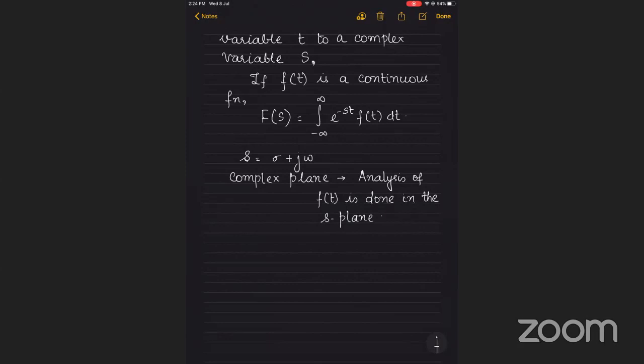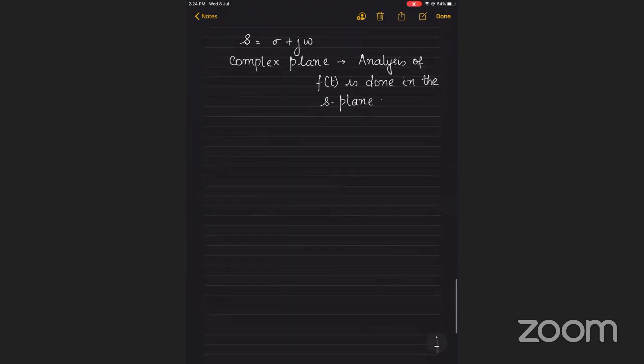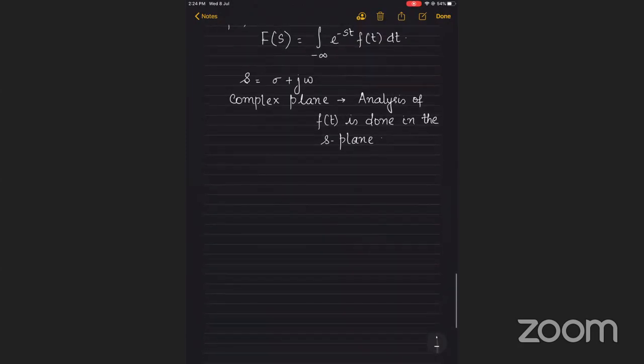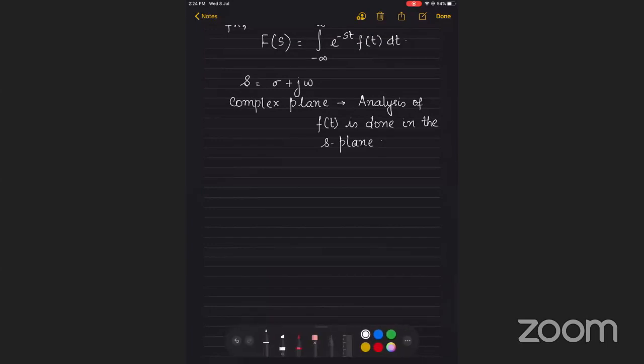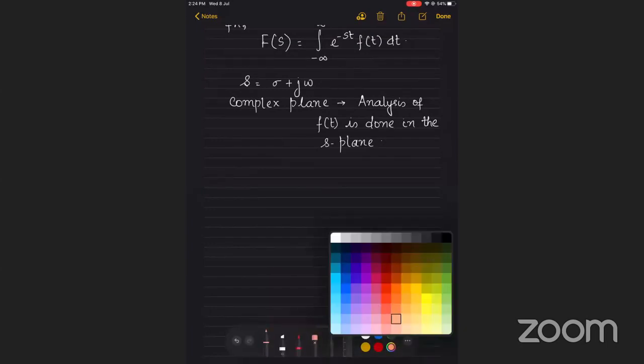Okay. So what is the kind of analysis that we do? Especially for system design engineers, let's look at that.